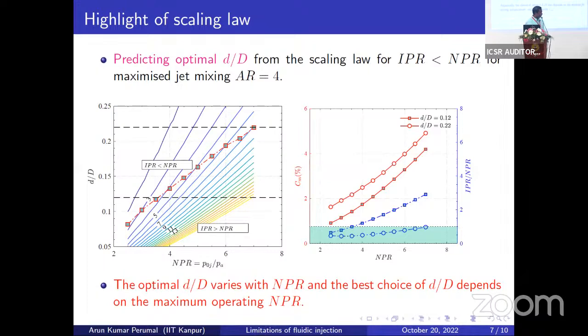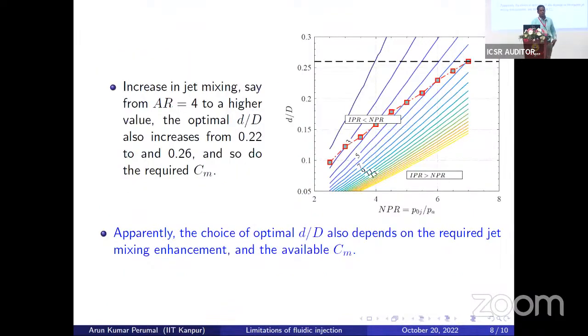The next thing we looked at was what happens if I don't want to mimic an aspect ratio of 4. Let's say I want to increase it to 5. If I want to push the mixing benefits slightly to the extreme, the injection diameter is again going to increase.